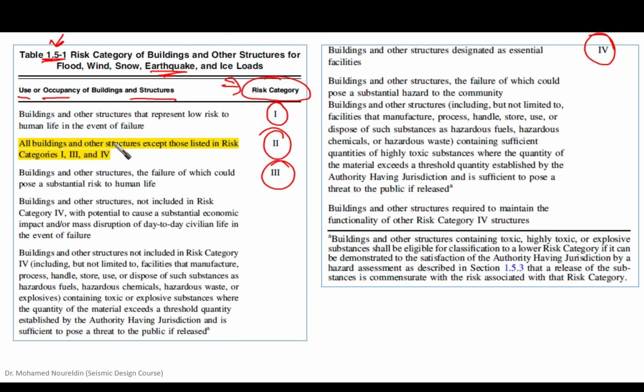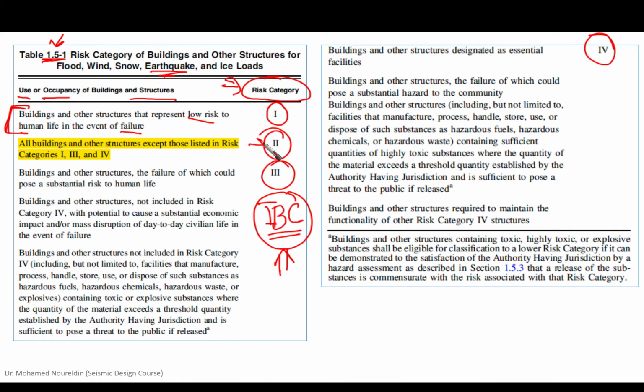I'm not going to read everything, but for example, risk category 1 is for buildings and other structures that represent low risk to human life in the event of failure. It's a little bit generic, not very clear, right? And this is why in other references, for example in the IBC, the International Building Code, they give much more detail compared to ASCE regarding the use and occupancy of buildings.